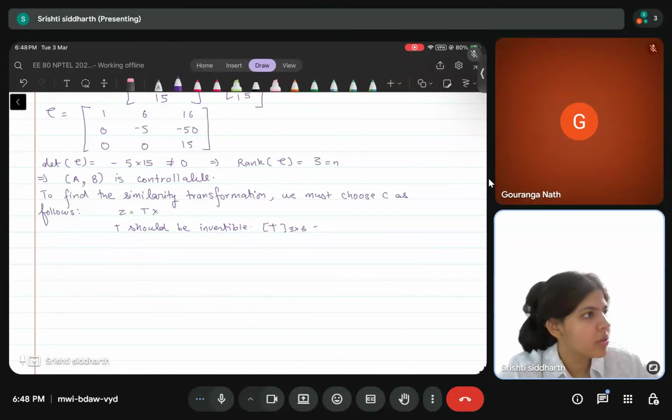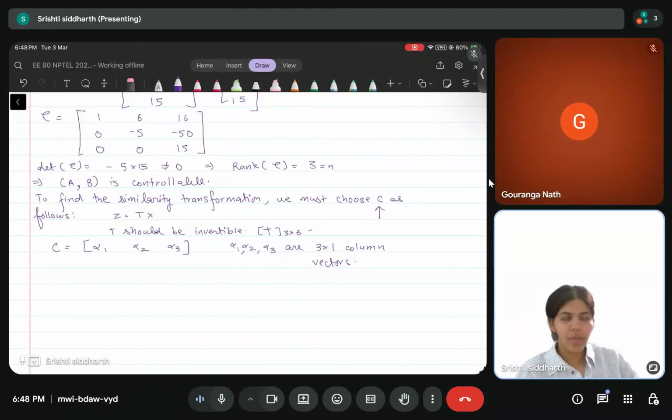Okay, so I'm going to write down the transformation matrix, and it looks like [alpha 1, alpha 2, alpha 3], where these are 3 by 1 column vectors. So alpha 1 should be chosen, we'll see how.